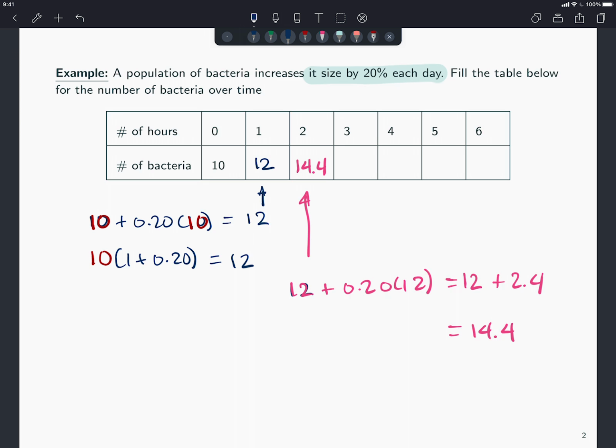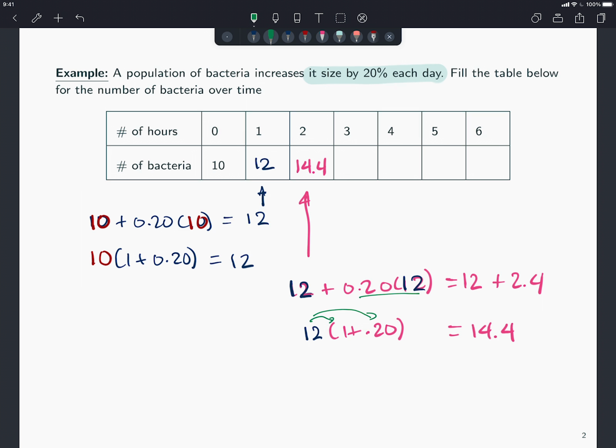Now I can repeat that same idea here. If I say I have my 12, and it's 20% of 12, so if I factor the 12, I'm going to have 1 plus 20%. Correct? So I multiply this times that, you get a 12, and then this times that, you get the second factor over here.